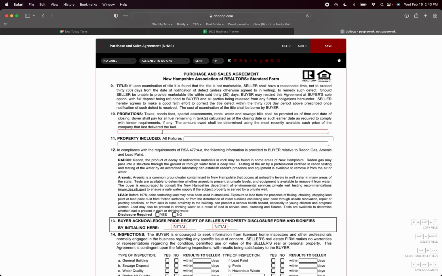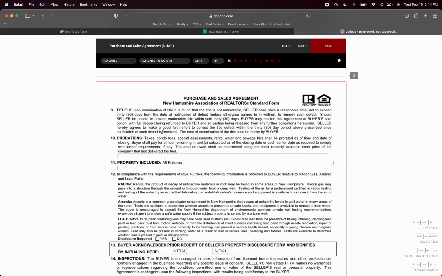One thing to keep in mind here: if you're assuming that the buyer is going to pay the fuel proration, you really don't have to put anything in this proration section. If your buyer does not want to pay a proration, don't just put NA here. NA doesn't actually mean anything, and we have seen that before. So if there is not going to be a fuel proration, you want to be very specific here and say no fuel proration, or buyer not to pay for remaining fuel.